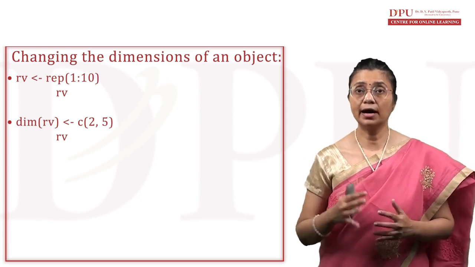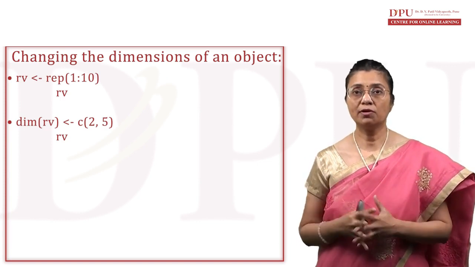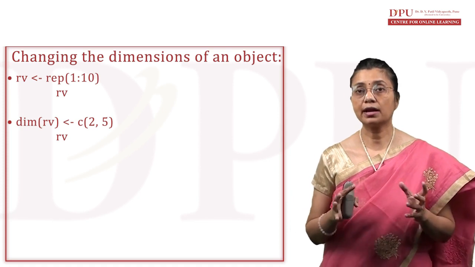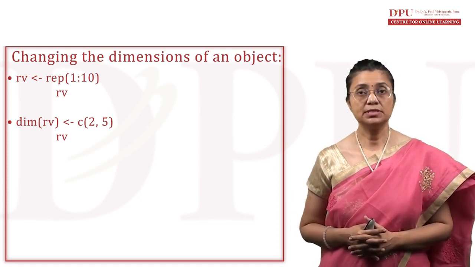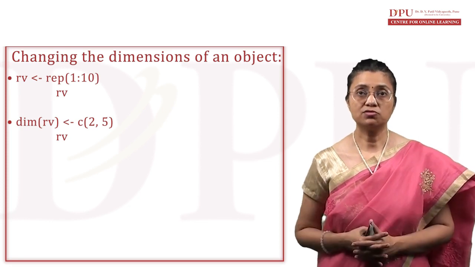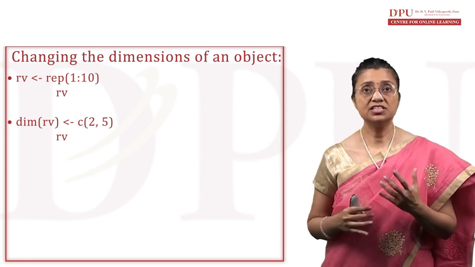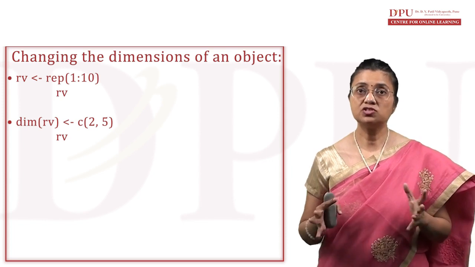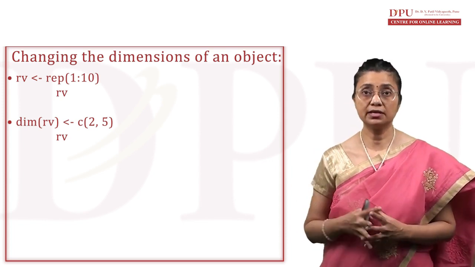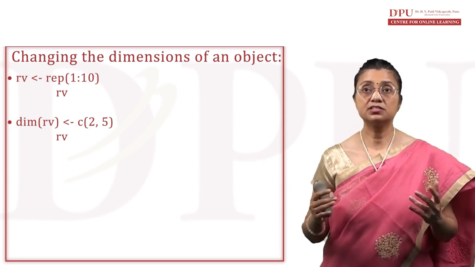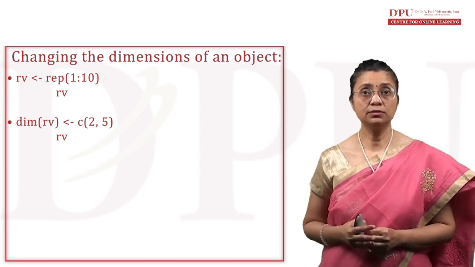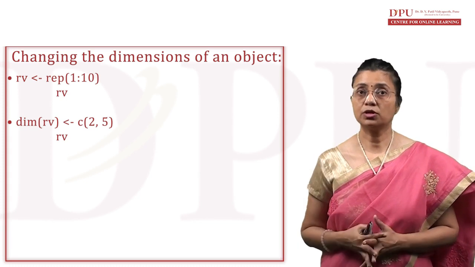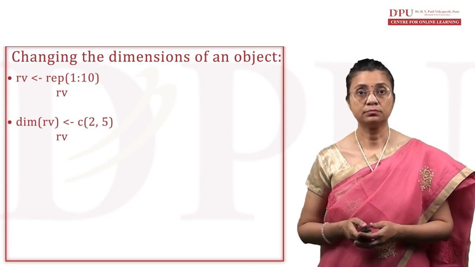Likewise, if I say dim(rv) is equal to c(2, 5) and then rv. So here what I am doing, I am assigning rv the dimension 2, 5. So that is how I can change the dimensions. So mainly the dim function takes the R object as an argument and returns its dimension, or if you assign a value to the dim function, then it sets the dimension for that R object.